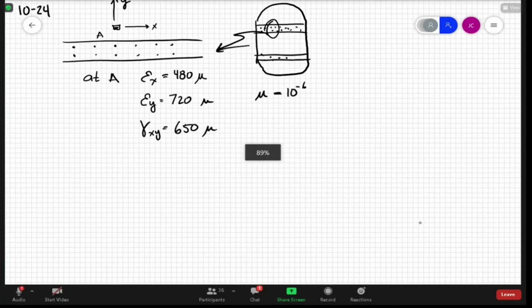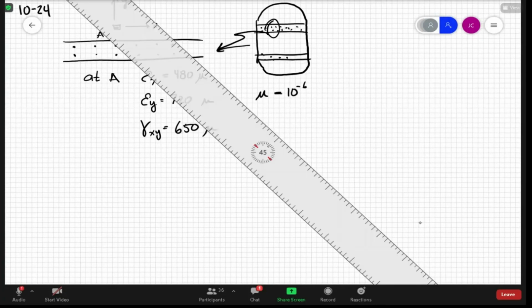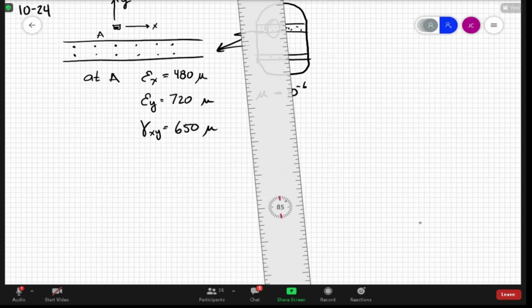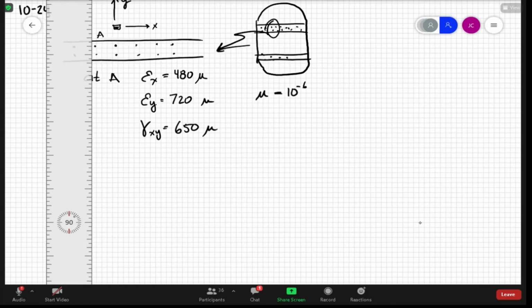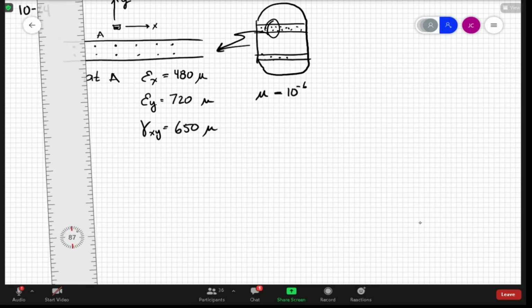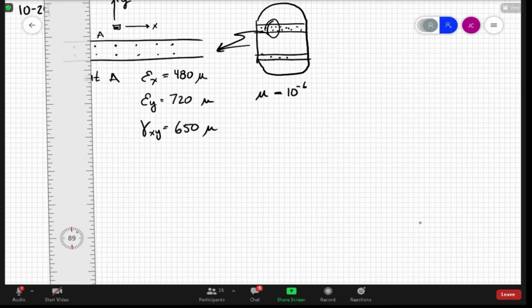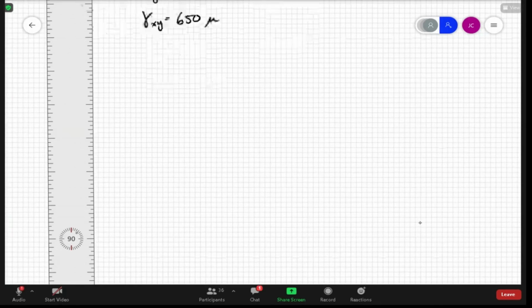And I'll try to draw it to scale, maybe, I guess.